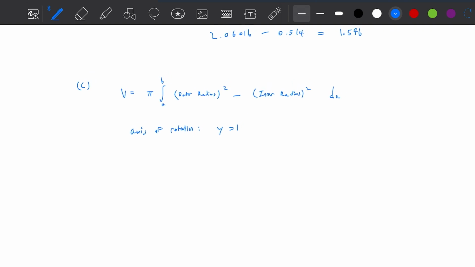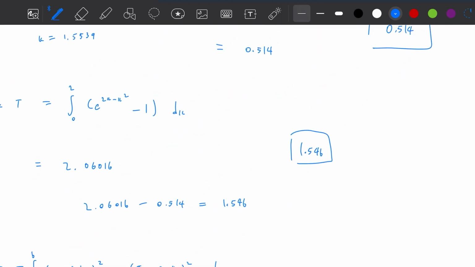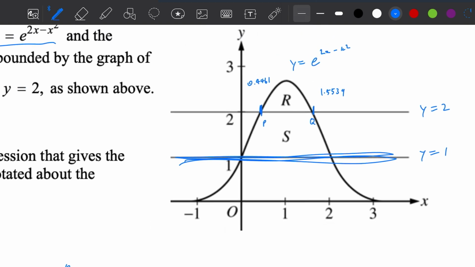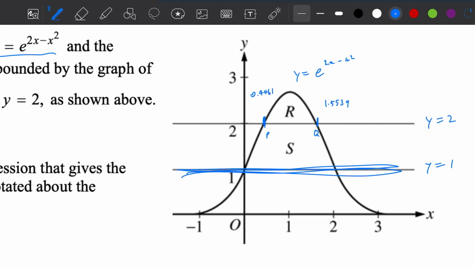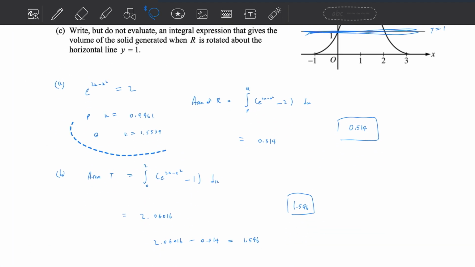The next component would be the limits of integration, which would be the x limits of region R, which we already found from part A, which are P and Q. So we know that P is 0.4461 and Q is 1.5539. So if we could just bring that over.